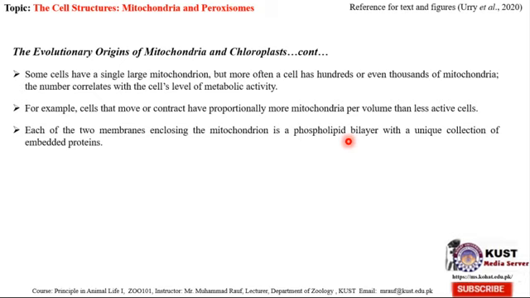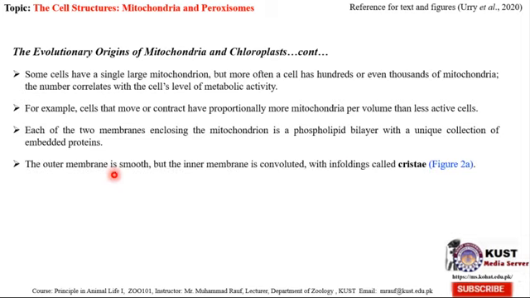But remember, once again I am repeating here, that the composition of the membranes surrounding various organelles is different, and a unique set of proteins and other structures are embedded there. Why? So that this unique composition of the membrane also helps the organelle to perform its function properly.